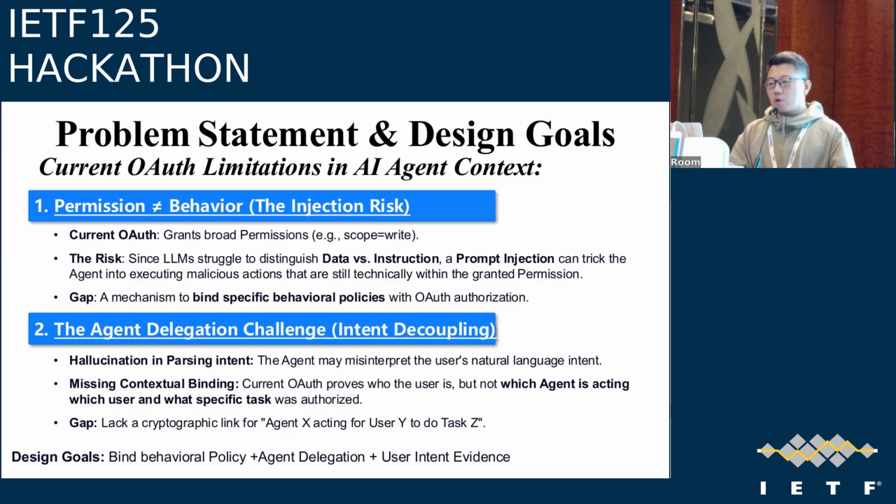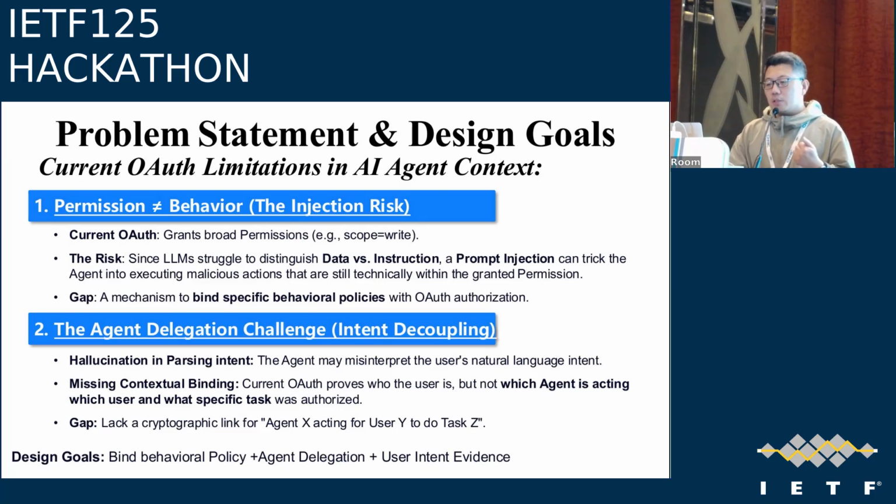The problem we want to solve is, firstly, for agentic applications, especially autonomous agents, for example OpenClaw, you cannot pre-configure the policy because the agent's behavior is dynamic. So we want to solve this dynamic policy authorization problem.